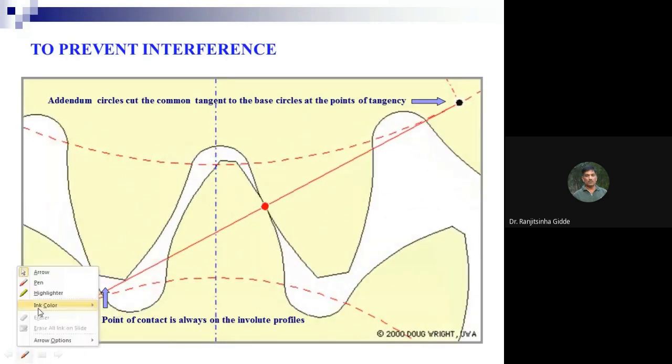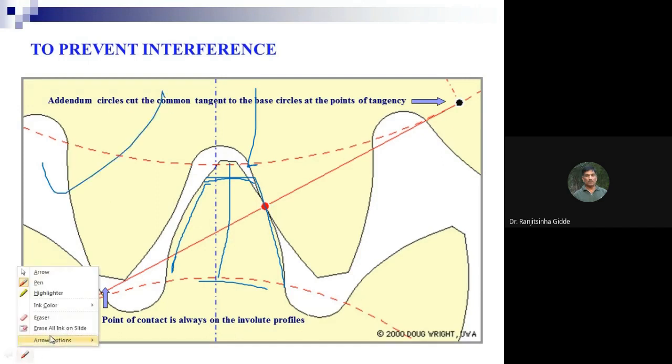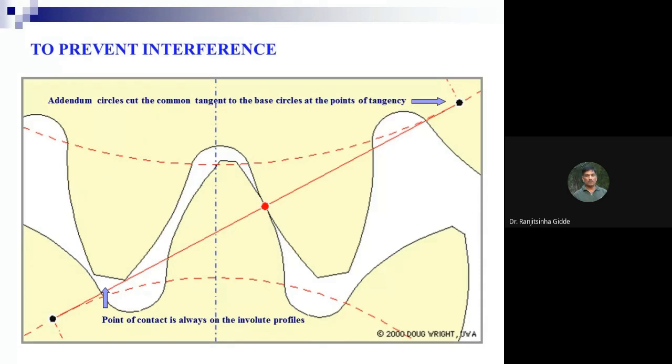Now here you can check if this is the height of teeth on the pinion. If we are going to reduce and this will be the final, what will happen? So there will not be any contact beyond this point. Again we are reducing. Now this is the case whereby interference is avoided, but still if we want, we can reduce, and this part can be removed in order to avoid the interference.